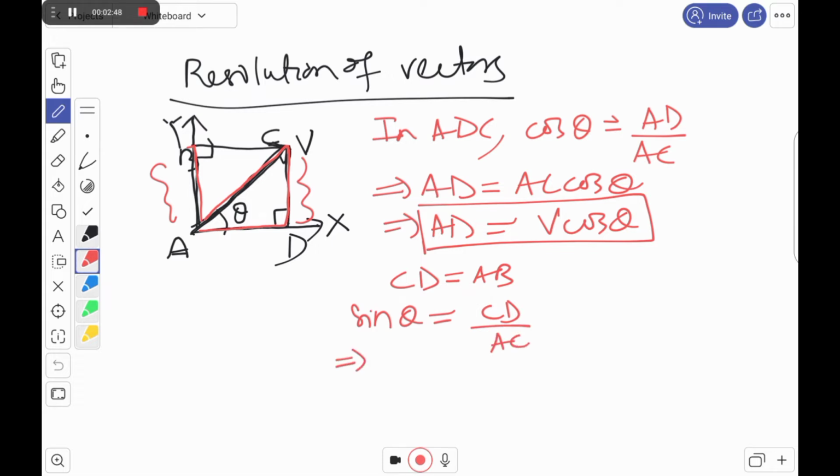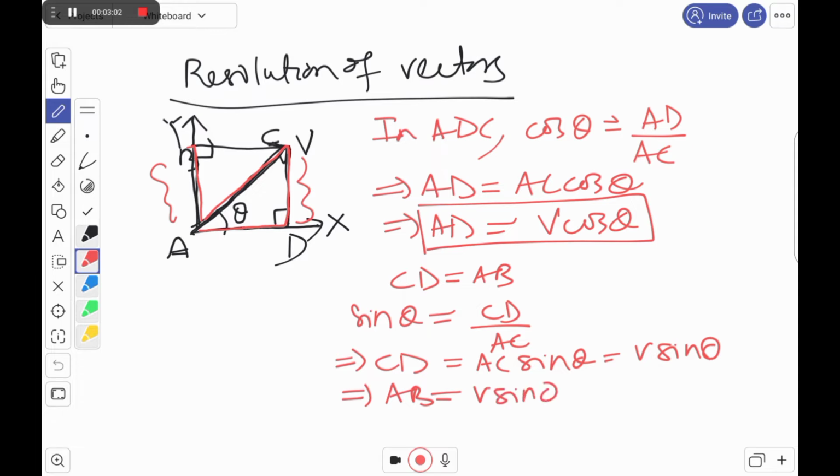Then what is CD? CD is equal to AC sin theta, that is your V sin theta, children. That means your AB is V sin theta. Is it clear, children? So this is your V cos theta and this is your V sin theta.